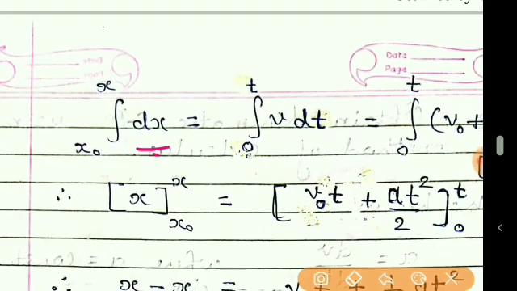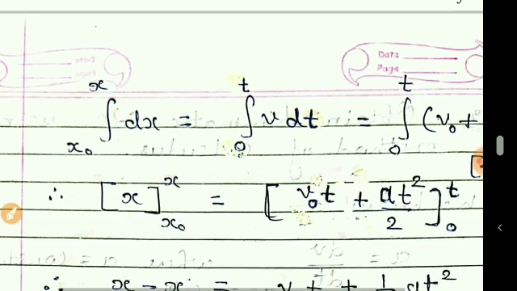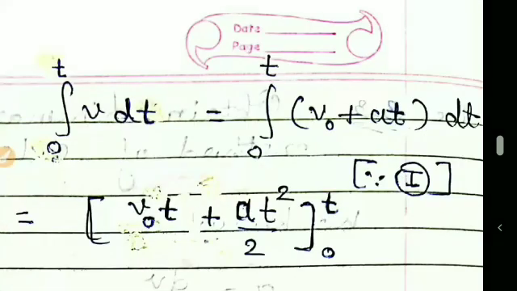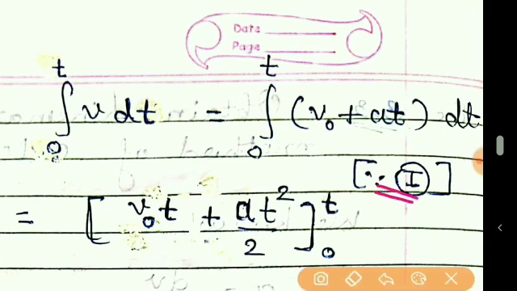For this first term, as usual, the integration of dx is x, and these are the limits, is equal to the integration of this. Students, from equation number 1, we will put this v. What is v?